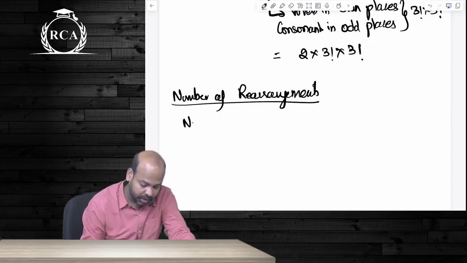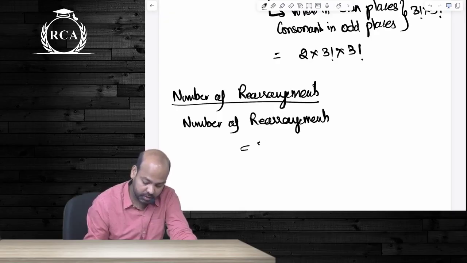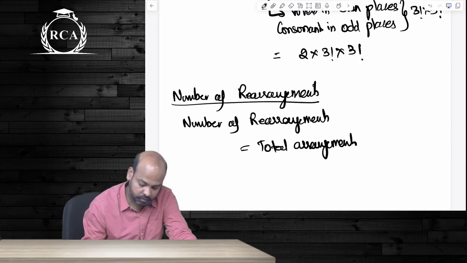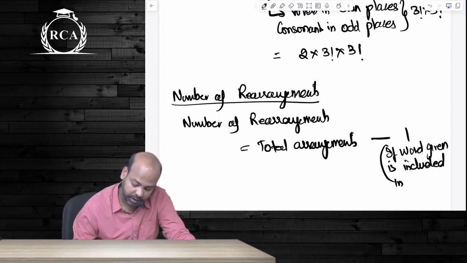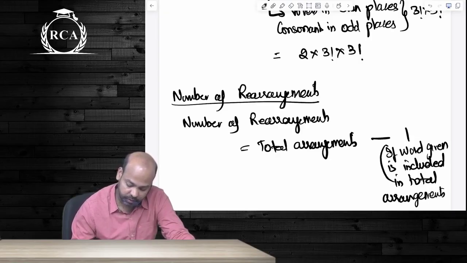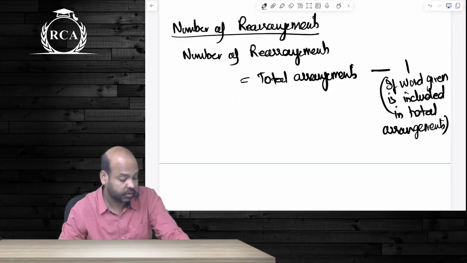So normally, beta, number of rearrangements will be total arrangements -1 if the word given satisfies the condition, that is, if the word given is included in total arrangements. That will be a case of number of rearrangements.